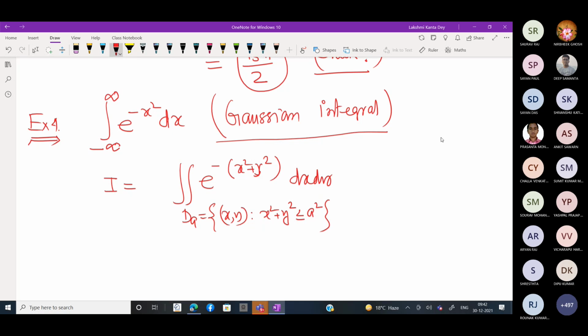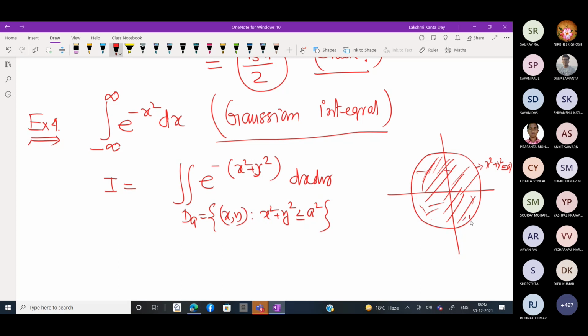Note the domain of definition: x square plus y square less than or equal to a square means inside the circle. It particularly depends on a. If a is large, then your circle will be large.